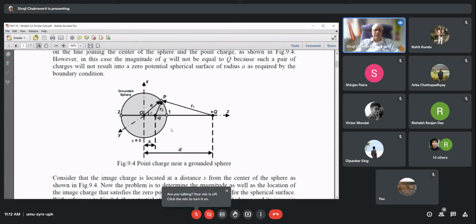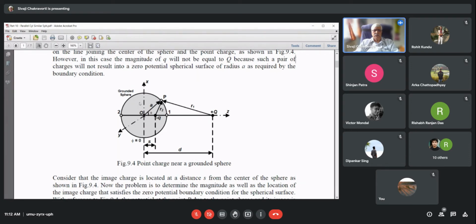Now, our target is to establish that this minus q is the image of plus q, and because of these two charges, this spherical surface will remain at zero potential.